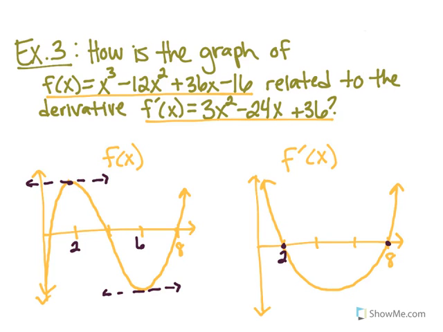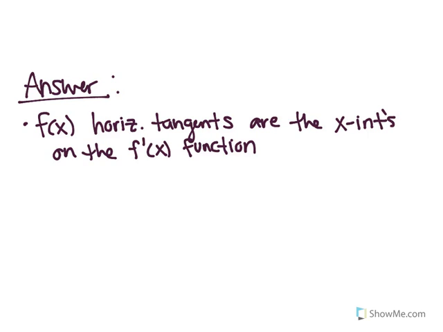And a good question to ask is, is that always true? And the answer is yes. Every single time we have the slope of this function equaling 0, that's going to create the zeros of my derivative function. So that's going to be the very first thing that we want to note. So right here, the f of x horizontal tangents are the x-intercepts on the f prime of x function.